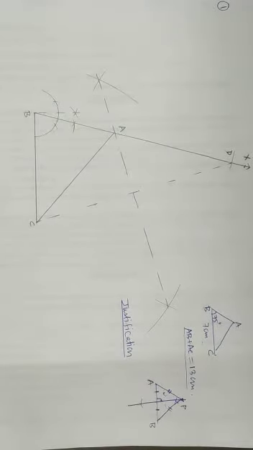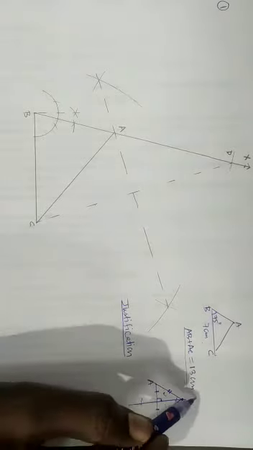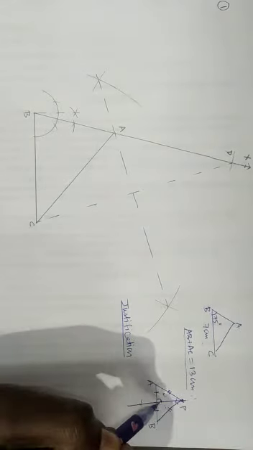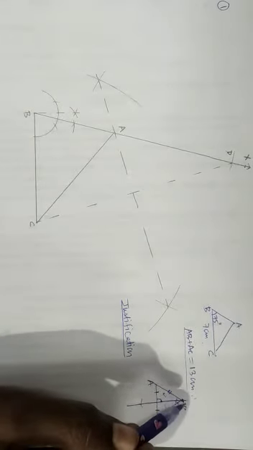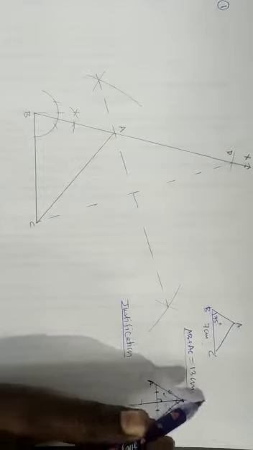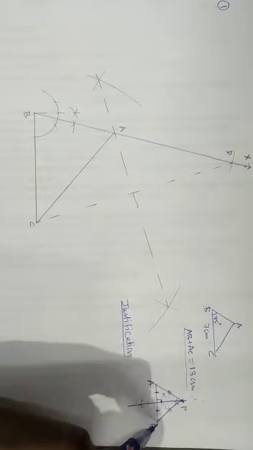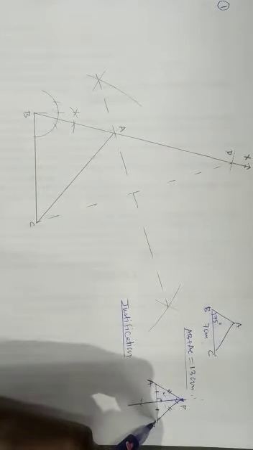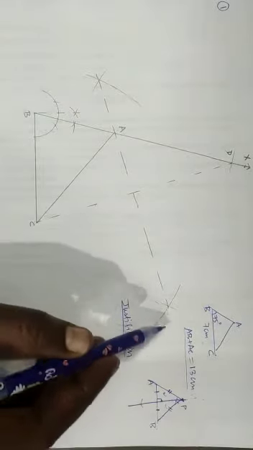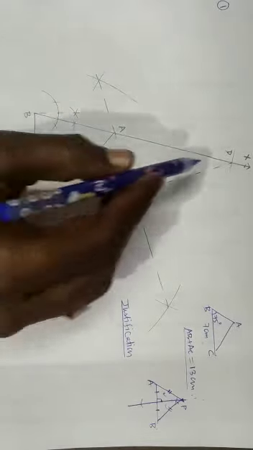So that is what you need to understand first, that when we draw the perpendicular bisector of any line segment, if we take any point on that perpendicular bisector, that point will be equidistant from the end points of the line segment. So here this perpendicular bisector is for CD.